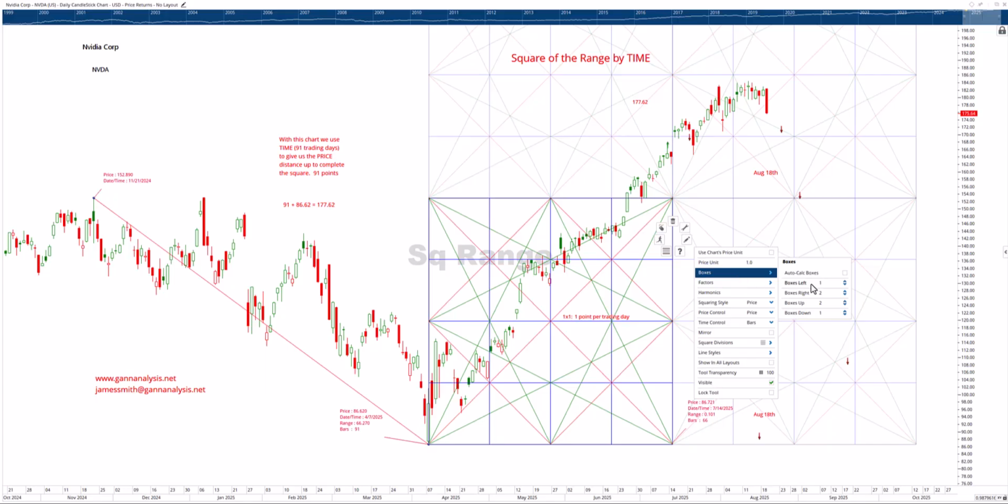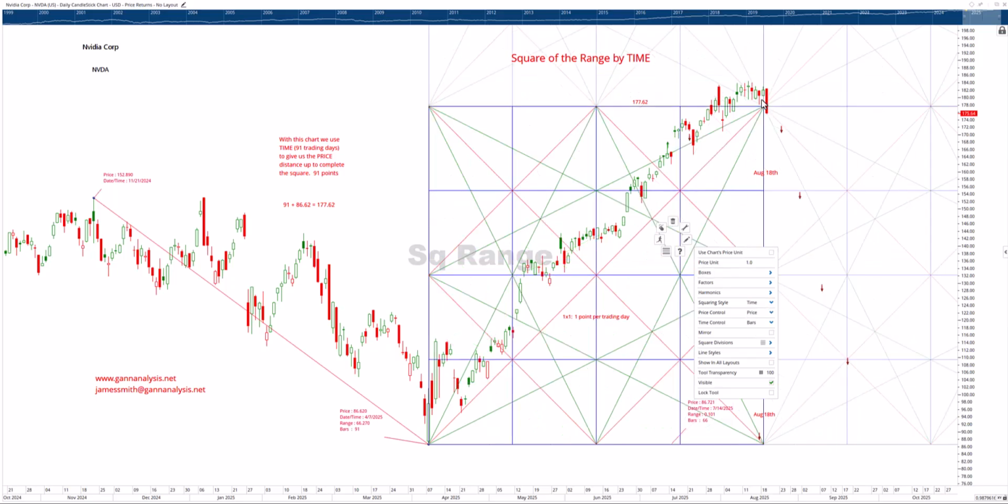If we go back and change this squaring style to time, notice here we exceeded the square in price. But when the square out came due August 18th, it turned down.